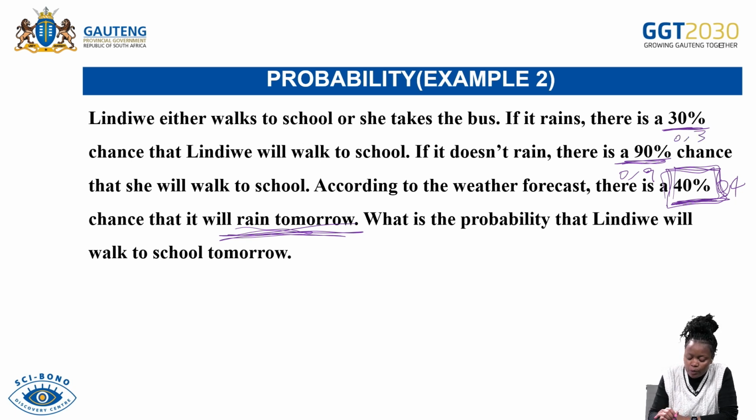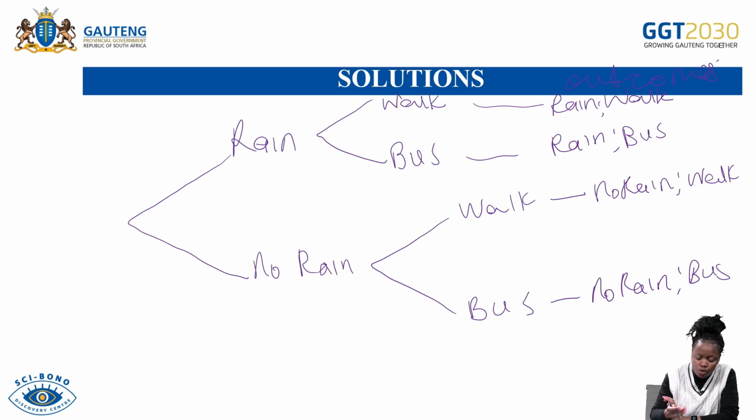So according to the weather forecast, there is a 40% chance that it will rain tomorrow. So if there's a 40% chance that it's going to rain, the other 60% is for no rain, and the 40% is for the rain. So you go to this side, there's a 40% chance that it's going to rain, so it's going to be 0.4 for the rain. And for no rain, it's going to be 0.6.